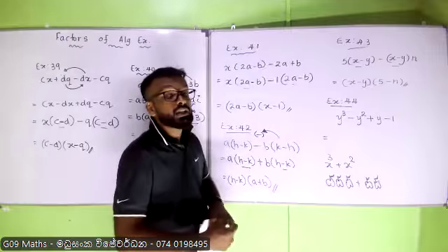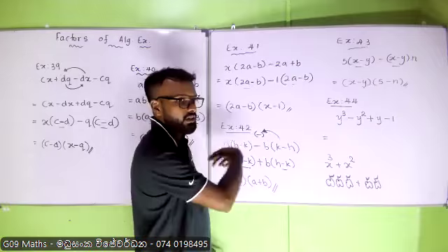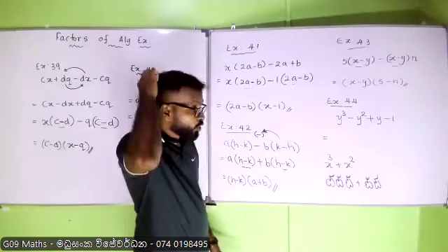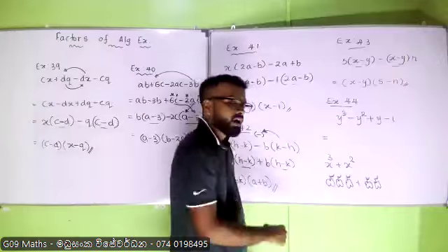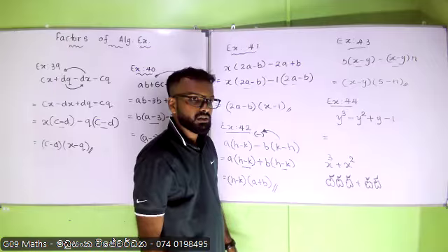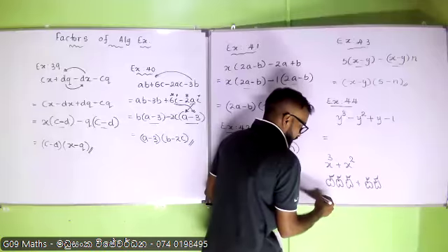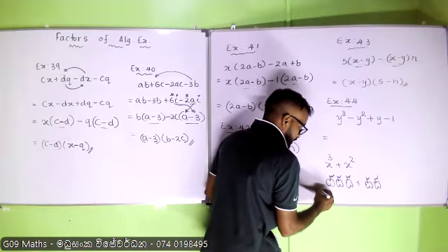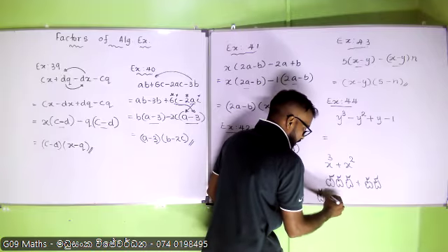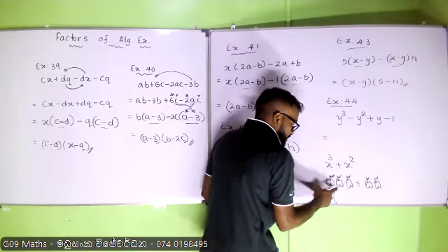How many common apples are there for both terms? I'm asking for both terms. How many common apples can you take out? Two common apples. So you are going to take two common apples out from this one and this one.